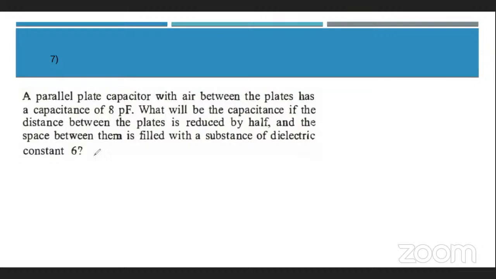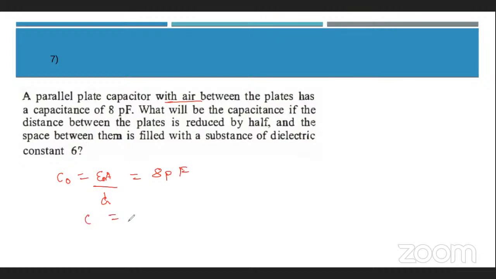Because it's air capacitance, I can denote it as C naught for my convenience. So the formula for this is epsilon naught A upon D, which is given to you as 8 picofarad. What they're saying is that the distance between the plates is half, and a dielectric constant of 6 is placed.